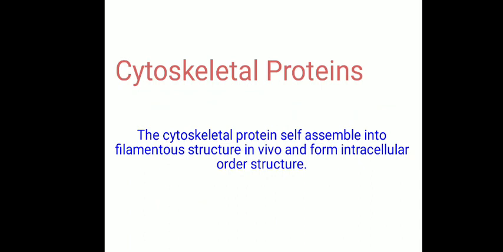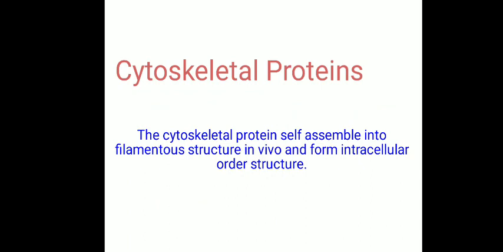The most important role of cytoskeletal protein is in cell division and cell polarity. It gives proper shape to the cell. It regulates various activities carried out inside the cell, as well as plasmid partitioning, and many other functions inside the cells are carried out with the help of cytoskeletal proteins.